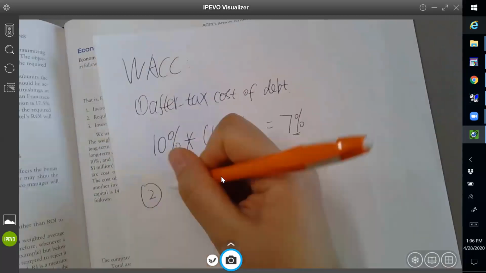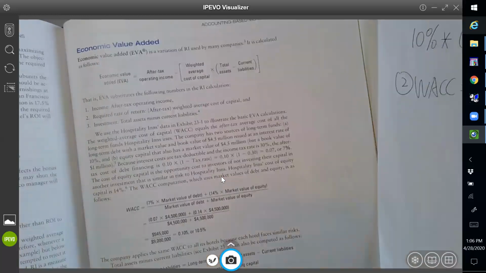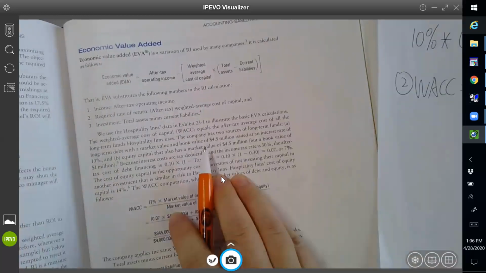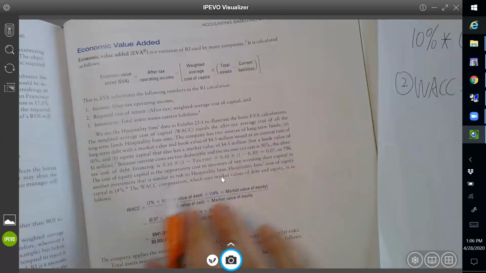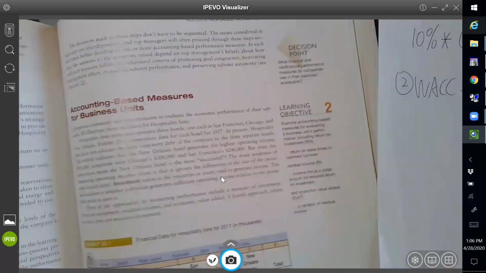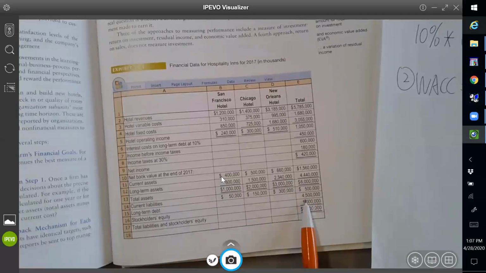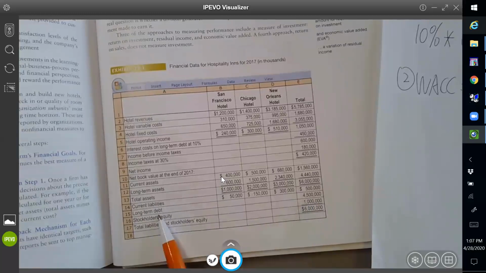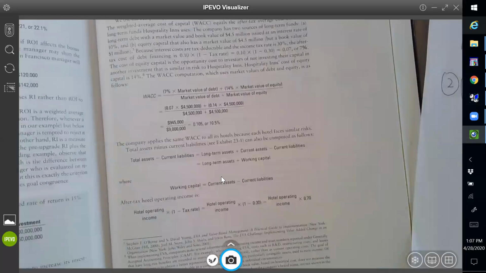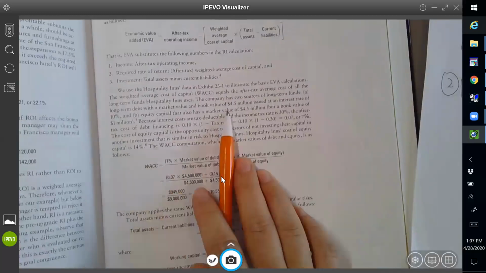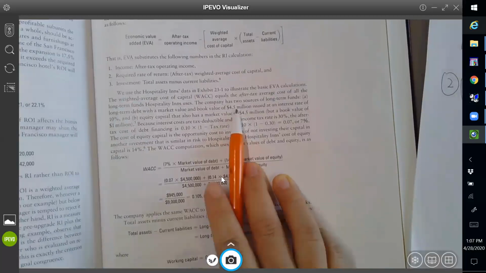Second step is we do WACC. Your total debt is 4.5 million.